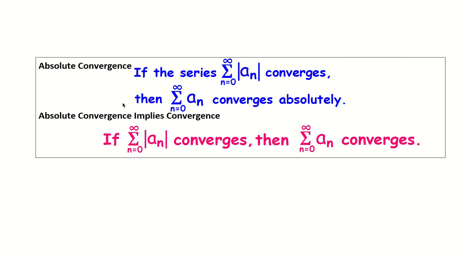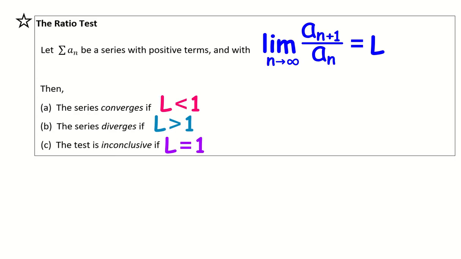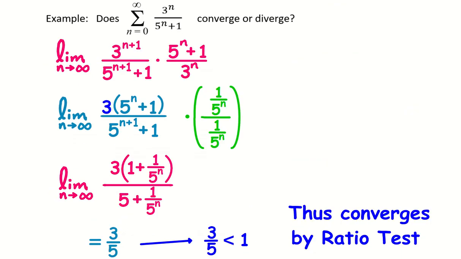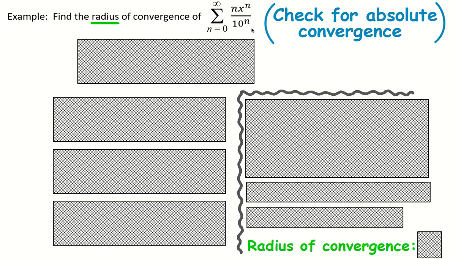All right, so we had this, so everything's falling into place, all the pieces of the puzzle. So I told you about this absolute convergence stuff. And then it says here in the ratio test that for you to even be allowed to run this test, the terms have to be positive. And so whenever you do a ratio test to find like a radius of convergence or an interval of convergence, you have to take the absolute value first.